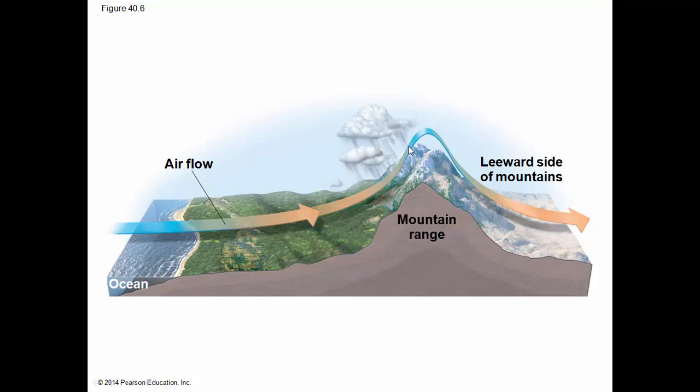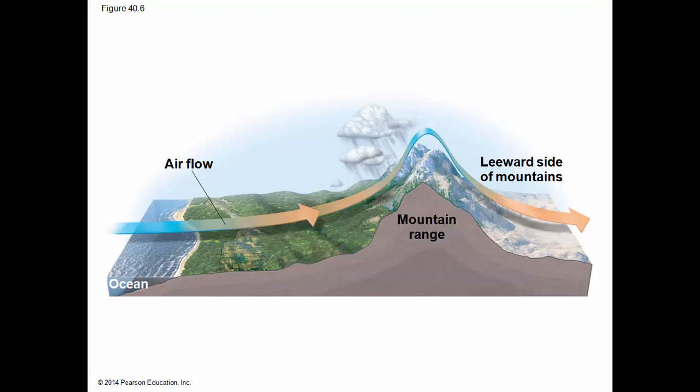That water is kind of squeezed out of it, like you squeeze a washcloth or a sponge, and less moisture is left in the air reaching the leeward side, which therefore has little precipitation. This rain shadow can create a desert on the backside of the mountain range.